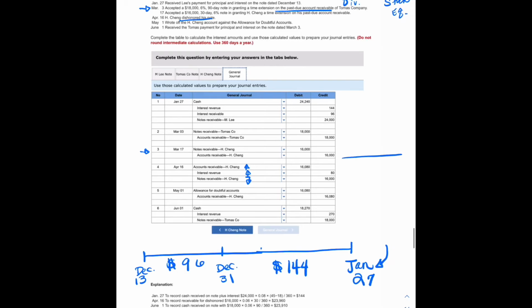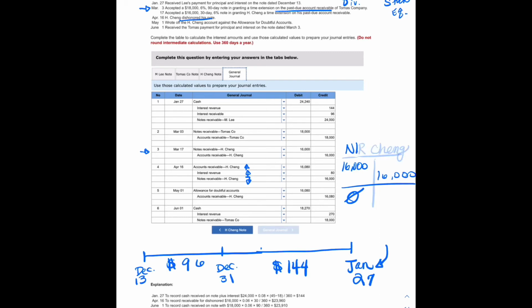So let's just track our notes receivable for Chang. So what we did have was $16,000 as a debit, but when he dishonored that note, we now credit that account for the same $16,000, and it leaves us with $0 as a debit in our notes receivable account, or you could say it eliminates that account, and we are now restoring the accounts receivable balance for him, and we similarly need to accrue for the interest related to that period of time.